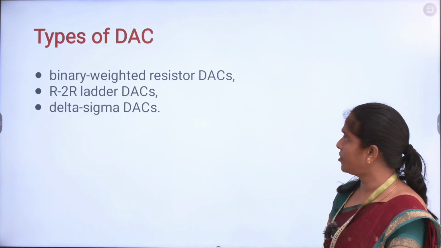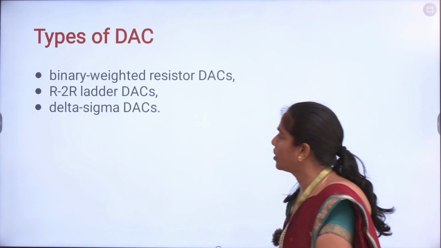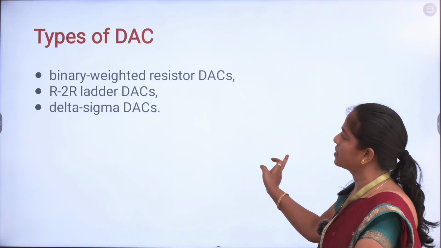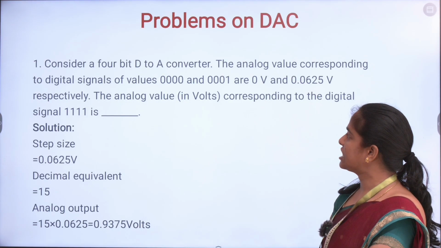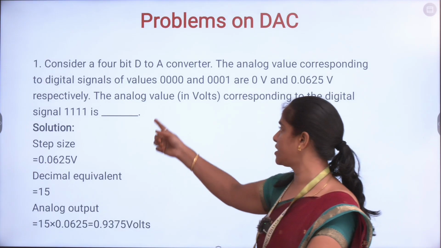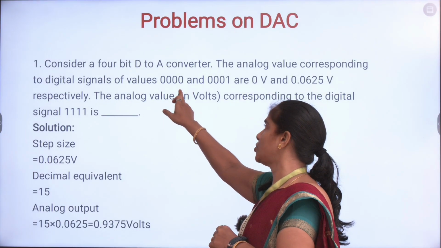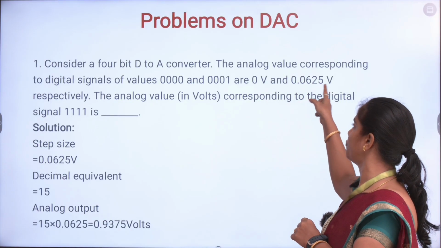And these are the types of digital to analog converter: binary weighted resistor, R-2R ladder, and delta sigma. So let us consider a simple problem in DAC. Consider a 4-bit digital to analog converter. The analog values corresponding to digital signal values of 0000 and 0001 are 0 volts and 0.0625 volts.